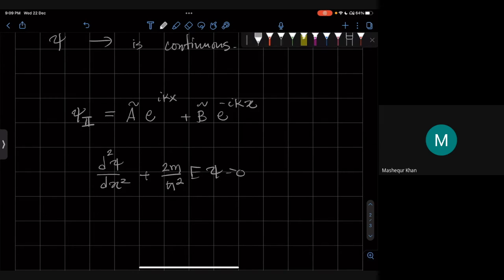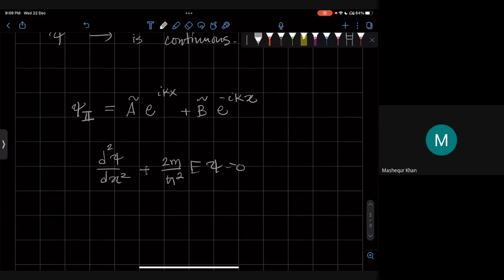So here, k is defined to be a positive number, and that's defined to be the square root of 2mE divided by h bar squared, or the square root of 2mE divided by h bar.